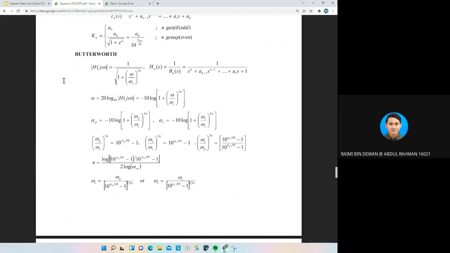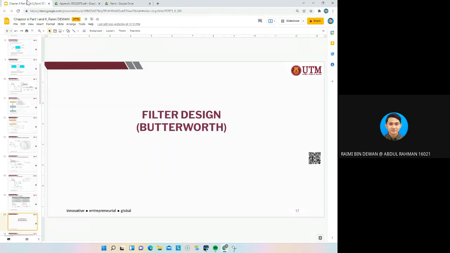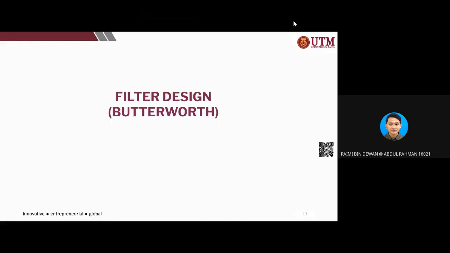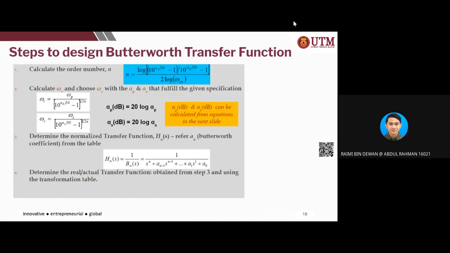So this is the Butterworth. Okay, step by step to design the Butterworth transfer function.